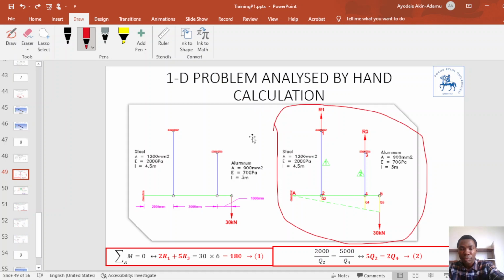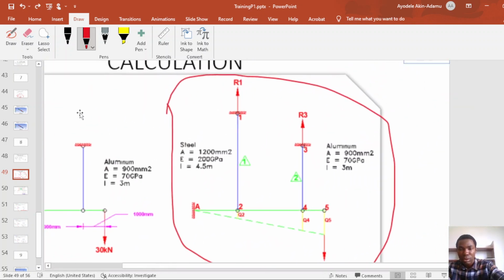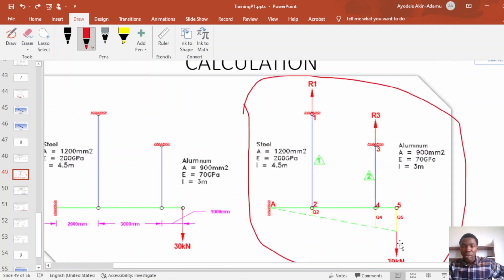Let me zoom so you see it better. So when the beam rotates, the finite element 1 stretches by an amount which I term Q2, because I define my node at that point as 2.